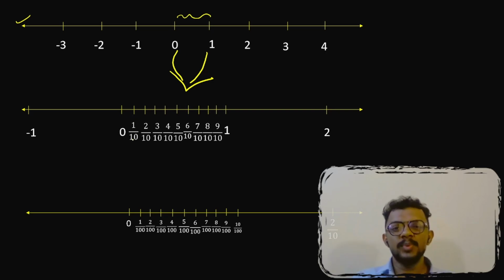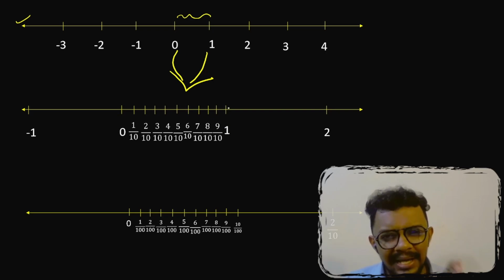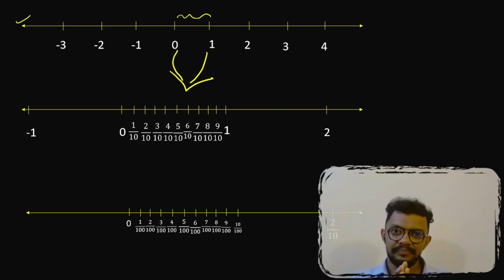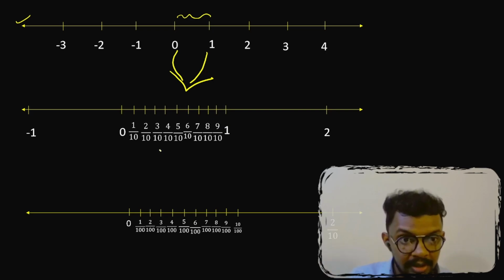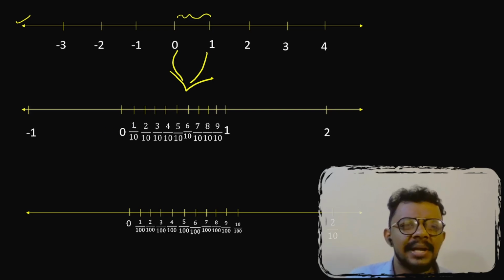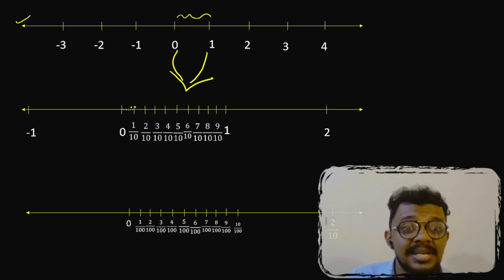Then one of them is 1 by 10, out of 10 the second part is 2 by 10, 3 by 10, 4 by 10, 5 by 10, 6 by 10, 7 by 10. So between 0 and 1, I already showed you 10 rational numbers. Does it end? No. How many numbers are there between 0 and 1 by 10? Infinitely many points are there.